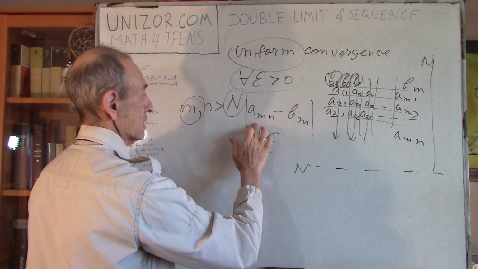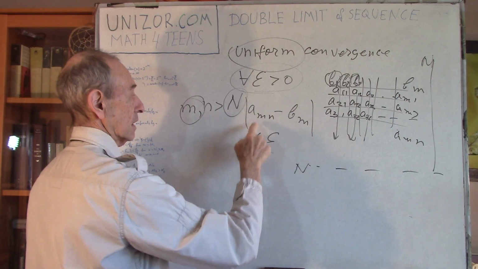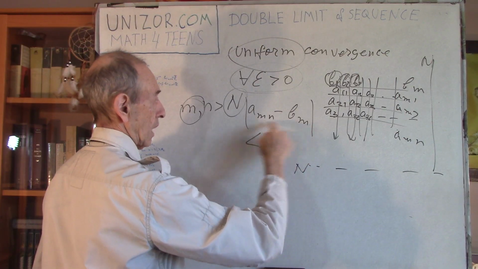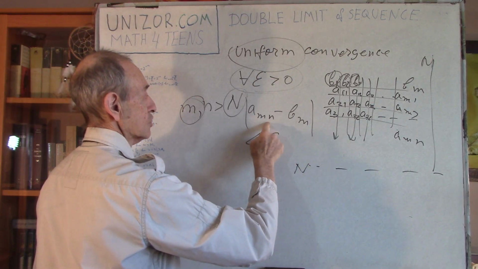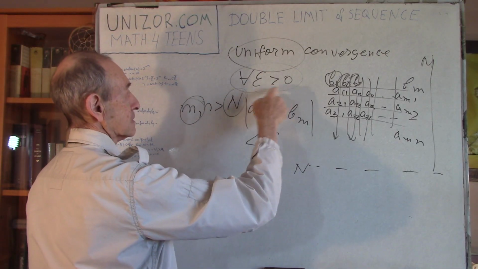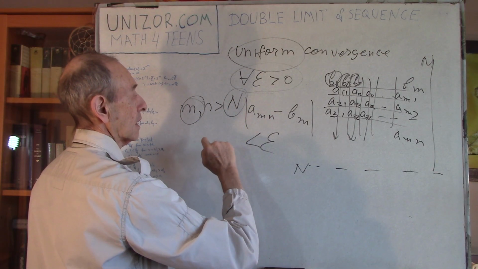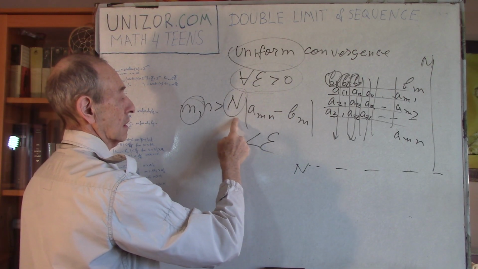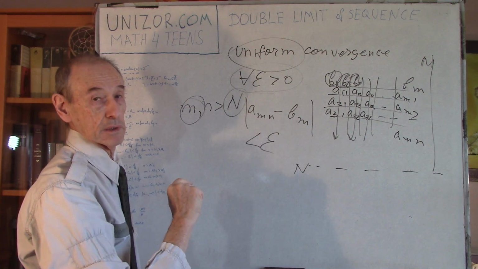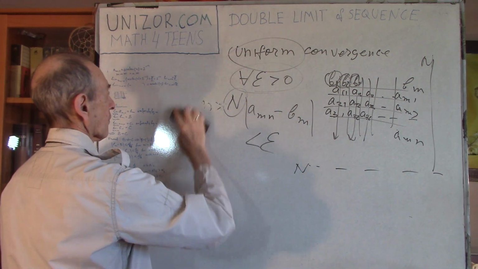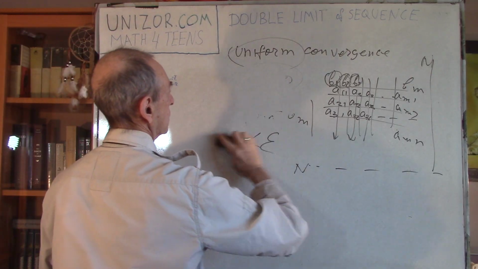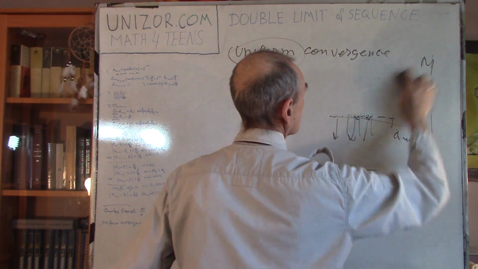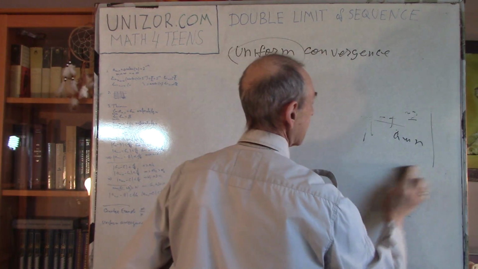All I need is, if my n is changing and m is fixed, then a_mn will be close to the corresponding b_m, m is fixed, n is changing. After a certain number N, not only for all n greater than capital N, but also for m as well. All right, so we know what uniform convergence is. It's a stronger convergence than convergence by each index separately.